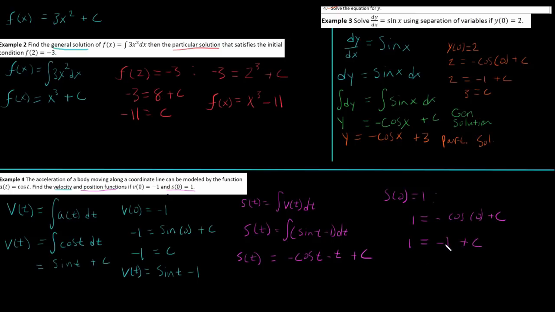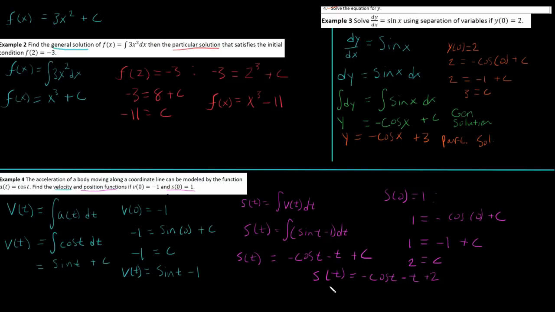Okay, solve for c, we get positive 2 is equal to c. So our position equation, s of t, is equal to negative cosine of t minus t plus 2.